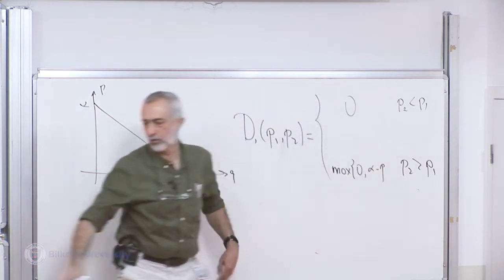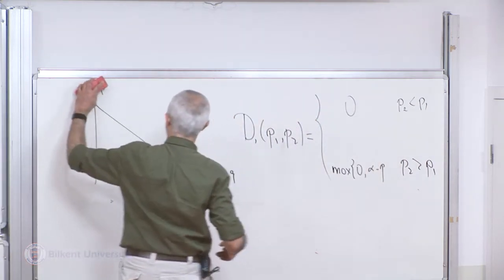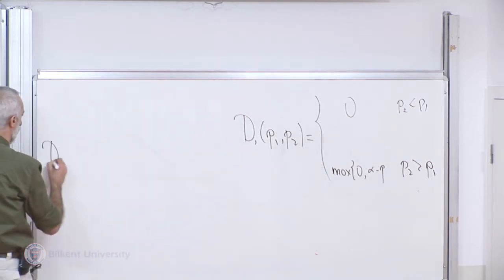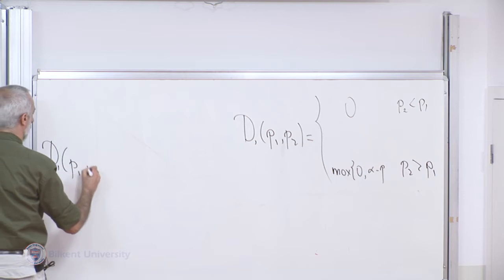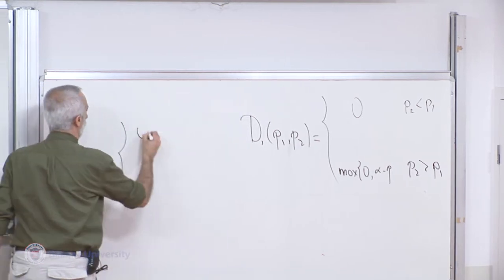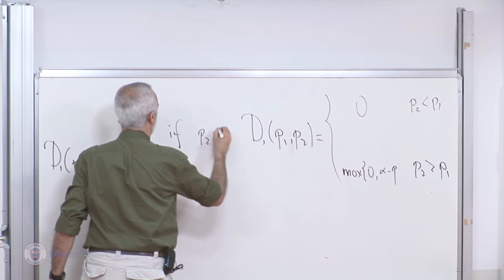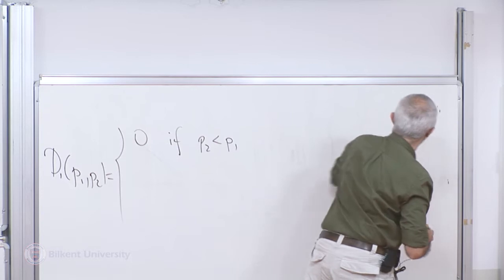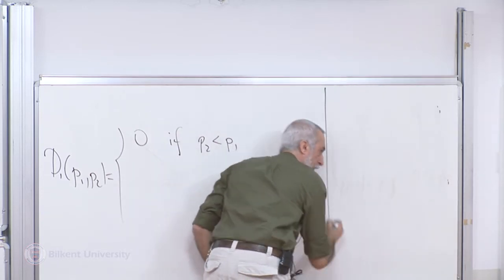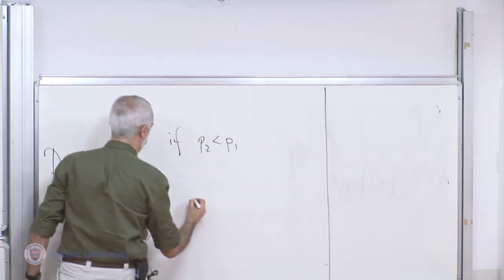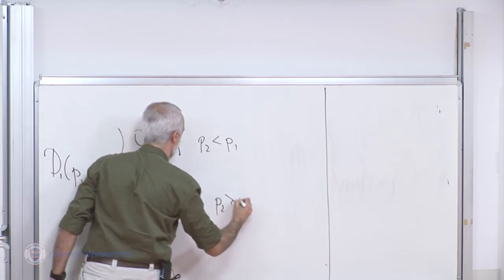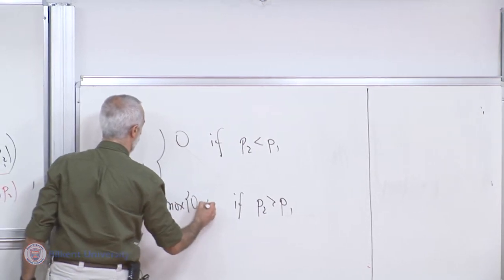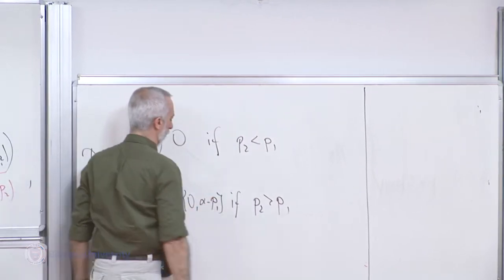Oh, I'm sorry, I forgot. Let me erase this part. So it's going to be the maximum of 0 and alpha minus p_1.